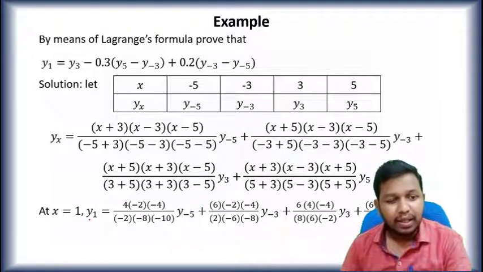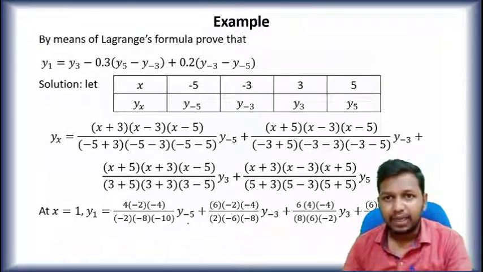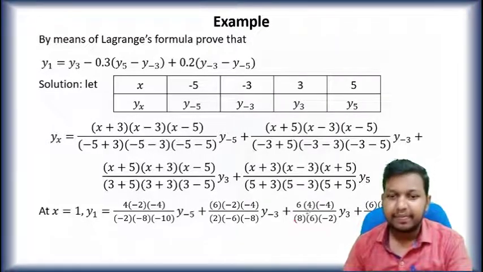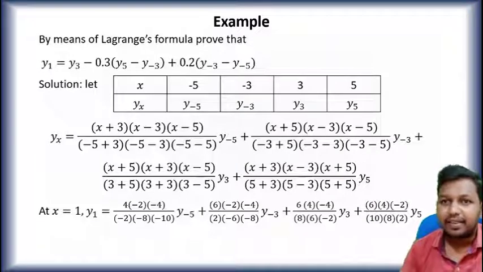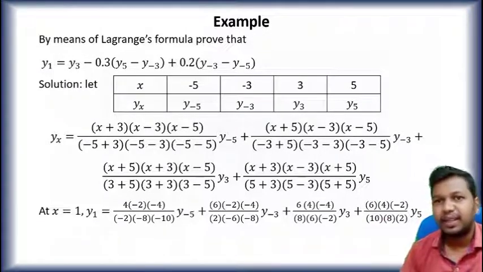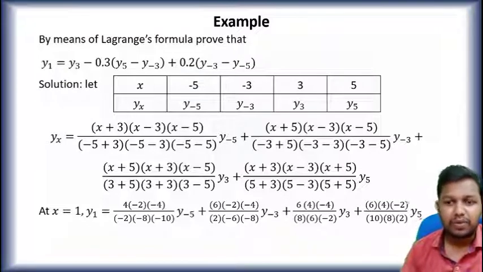We get y1 is equal to 4 into minus 2 into minus 4 whole divided by minus 2 into minus 8 into minus 10 of y minus 5, plus 6 into minus 2 into minus 4 whole divided by 2 into minus 6 into minus 8 into y minus 3, plus 6 into 4 into minus 4 whole divided by 8 into 6 into minus 2 into y3, plus 6 into 4 into minus 2 whole divided by 10 into 8 into 2 into y5.